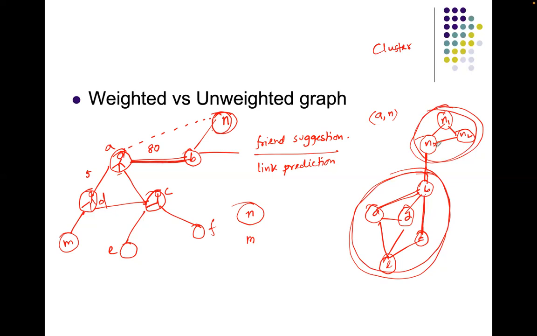So in this example, we are not going to need any weight. Only the information about who is connected with whom is all we need. In an unweighted graph, every edge has the same weight, or we can say the weight of the edge is not important for a particular problem.